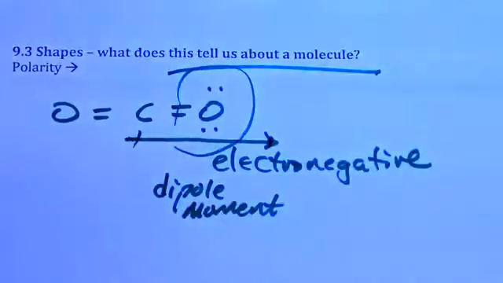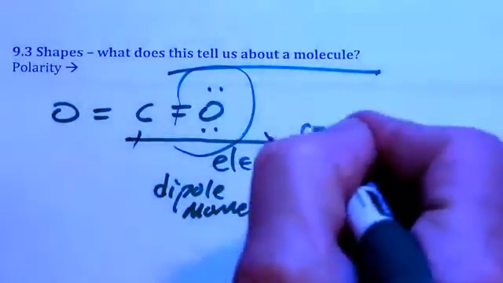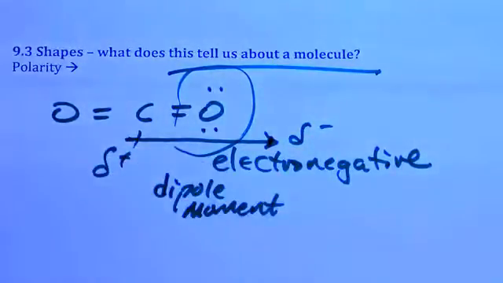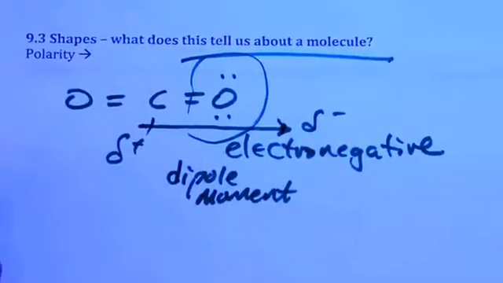And this double bond right here is called a polar bond, where there's a partial negative charge and a partial positive charge building up right here.